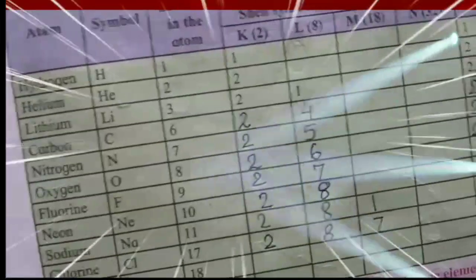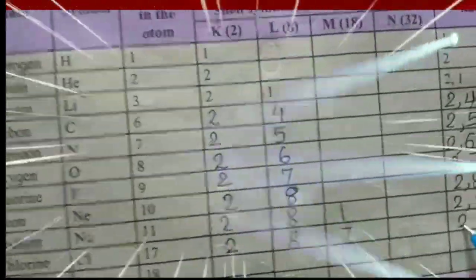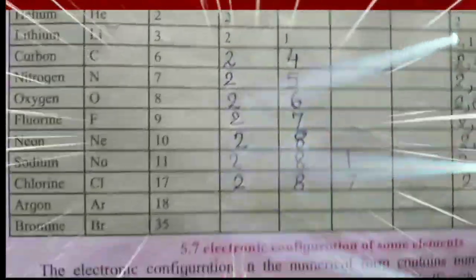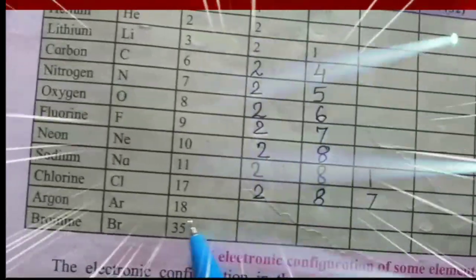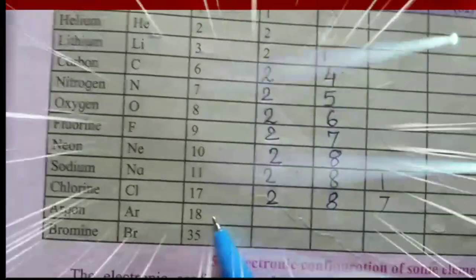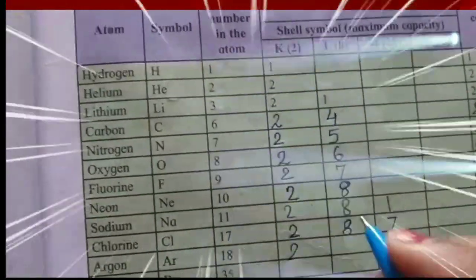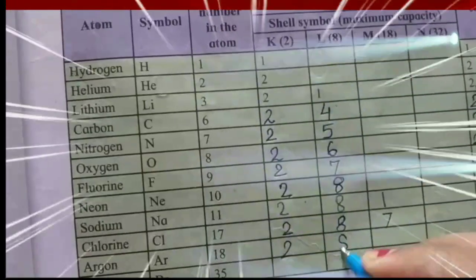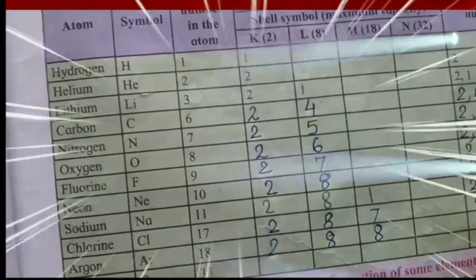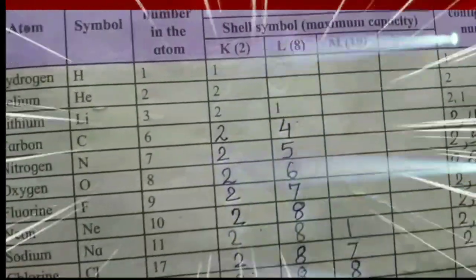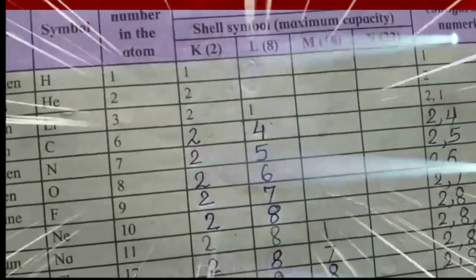So the total will be 17. 2, 8, 7. We will move towards argon. Electron number in the atom is 18. We will write in the K shell 2. Then we will write 8, 8. See, it was 16 plus 2, 18. The configuration will be 2, 8 and 8.